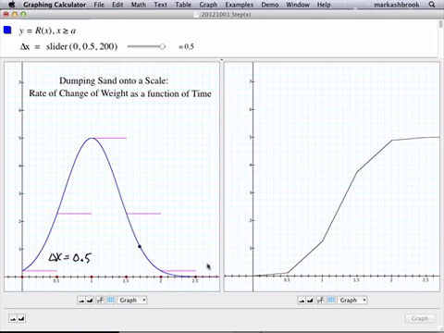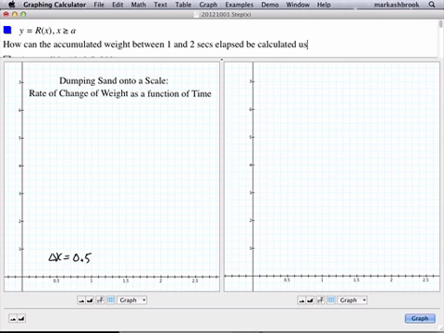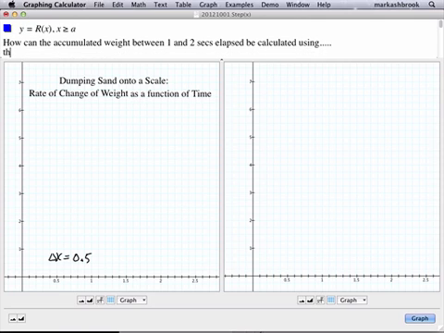So when we were looking at this, I asked a question: how can the accumulated weight between 1 and 2 seconds elapsed be calculated using the left-hand graph and the right-hand graph?